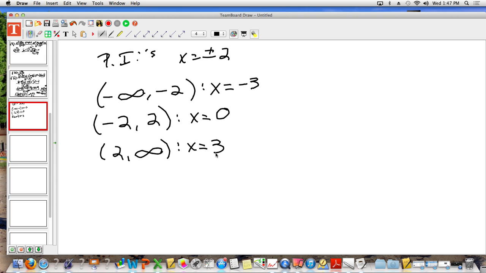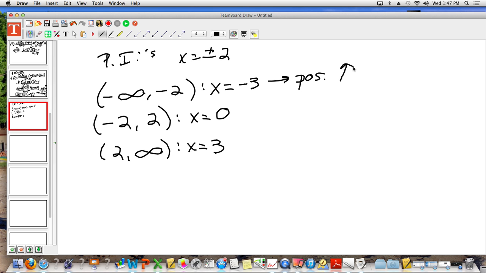Where are you going to plug those into? Yeah, they're PIs, points of inflection, so you are going to plug them into your second derivative. And all I'm looking for is whether it's positive or negative. For -3, I got a positive. Do you guys agree with that? Yep. If it's positive, it means it's concave up.